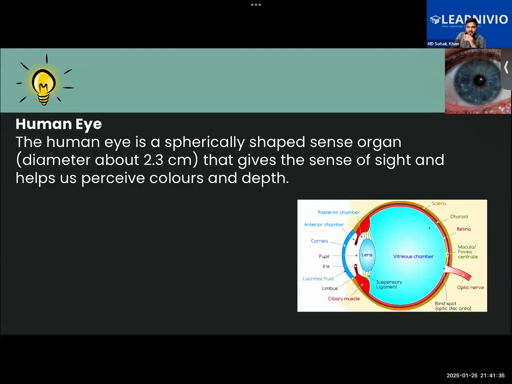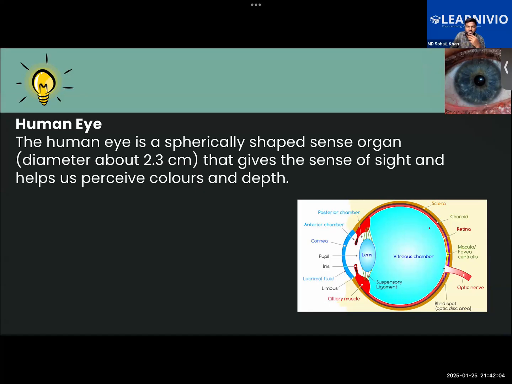Basically, we have so many sensory organs in the body, right? Tell me, what are the sensory organs in the body? Skin, nose, eyes, tongue. Basically, there are five sensory organs: the eyes, ears, nose, skin, and the tongue.